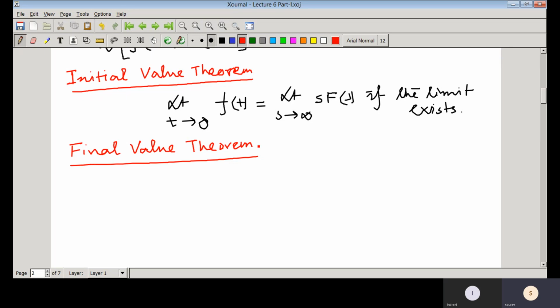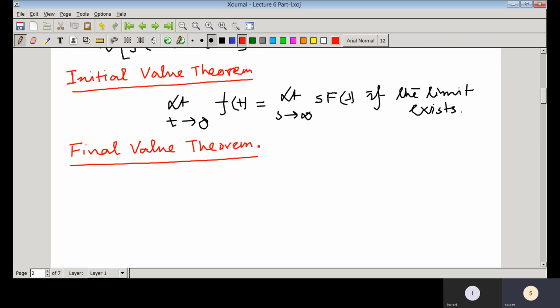But you cannot apply this final value theorem everywhere. The final value theorem can be applied if the function sF(s) is analytic on the imaginary axis and in the right half of the S-plane. So that is very important.